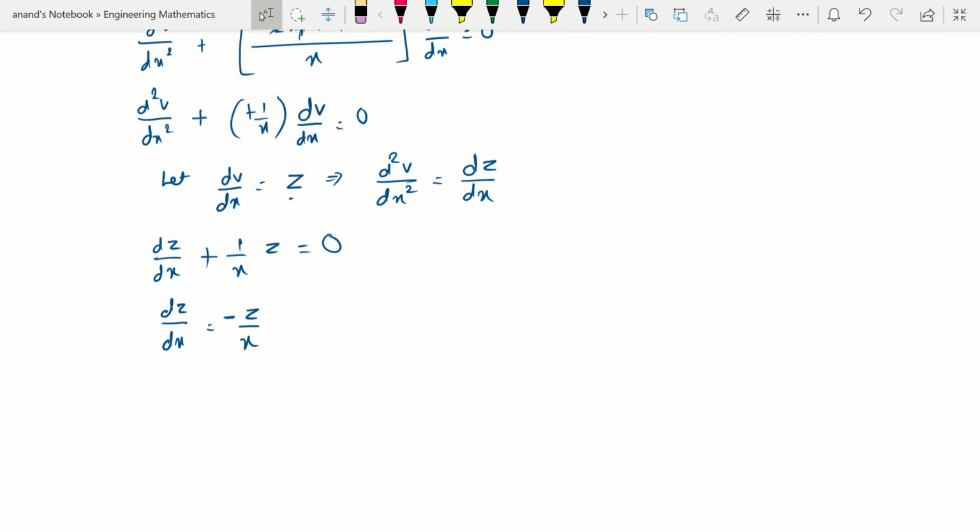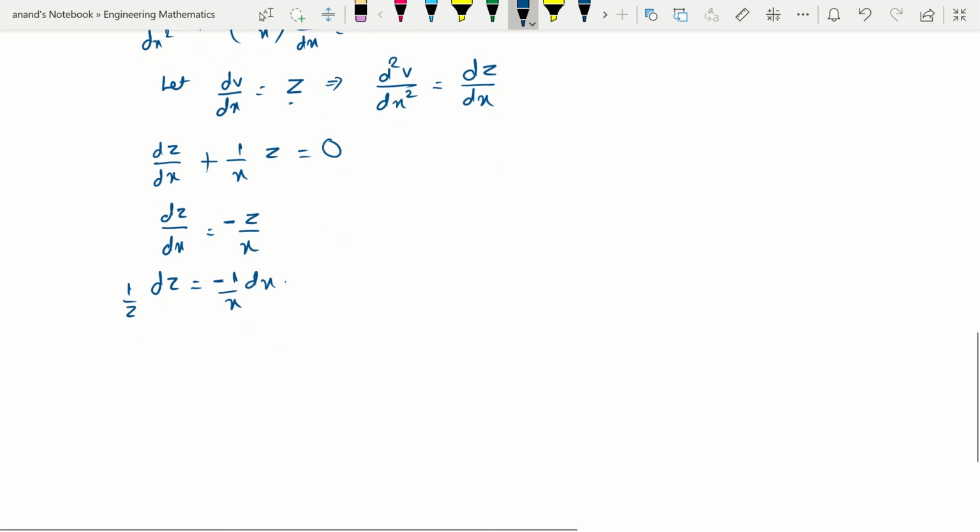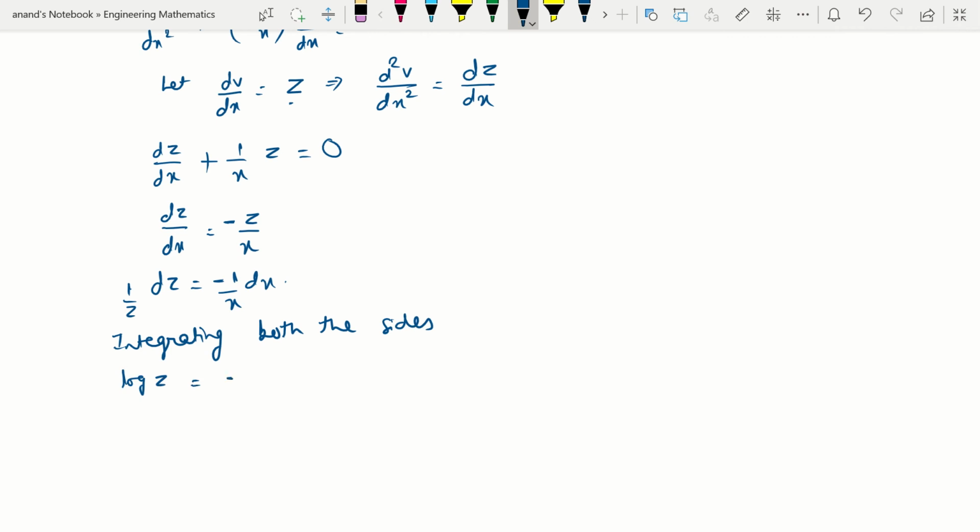So here, separating the variables, we can solve this differential equation: 1 upon z dz equals minus 1 upon x dx. Integrating both the sides, we get log z equals minus log x plus log c.